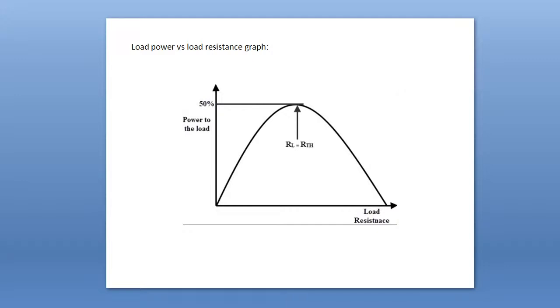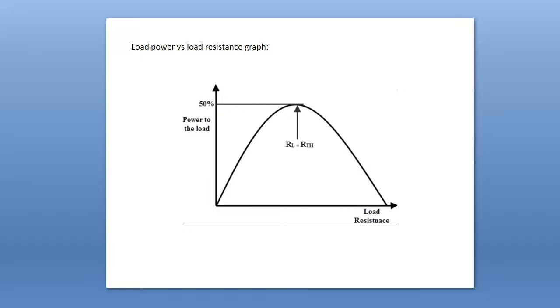But on the other hand, the curve corresponding to power transfer efficiency versus load resistance is an exponential curve. So you will get two different types of curve. One is the bell-shaped curve, the variation of load power versus load resistance.